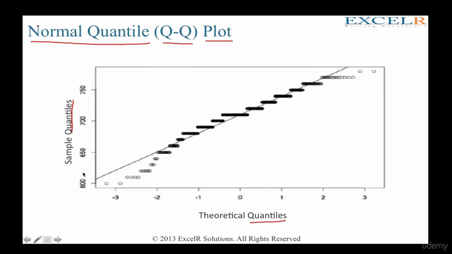On the y-axis you have the random variable, that is the GMAT scores, and on the x-axis you have the corresponding standardized values. For example, if you have 600 as your GMAT score, then the standardized value would be z = (x - mu) / standard deviation.